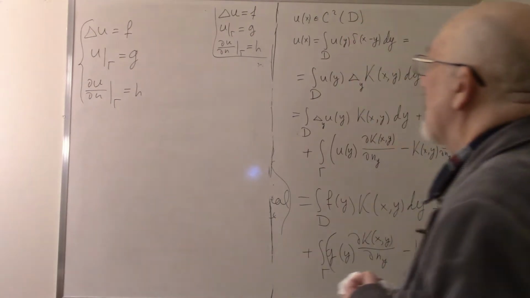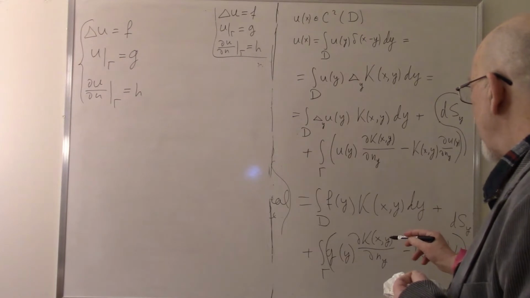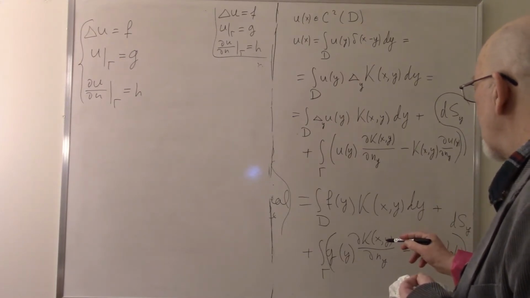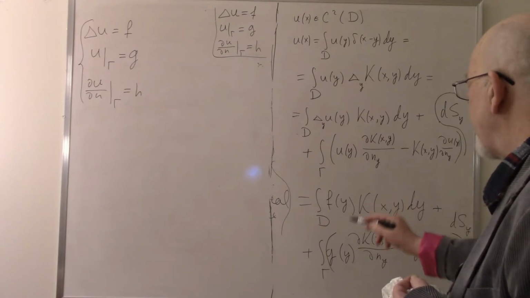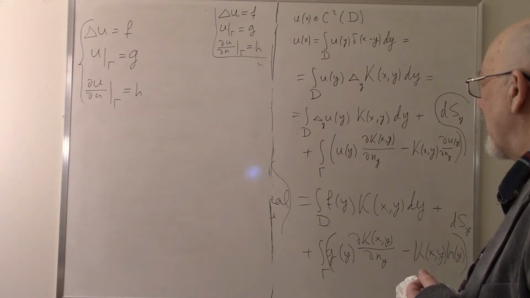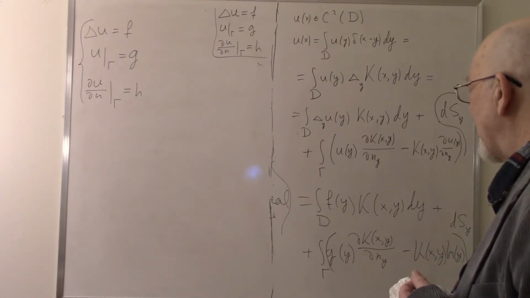So if you substitute the functions f, g, h in this formula, the result will be negative.